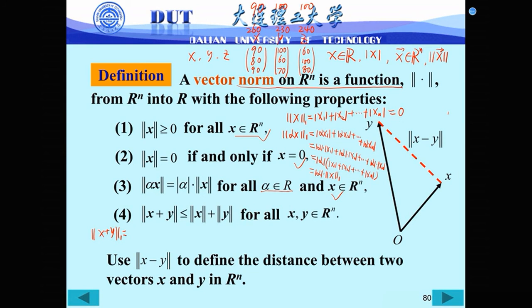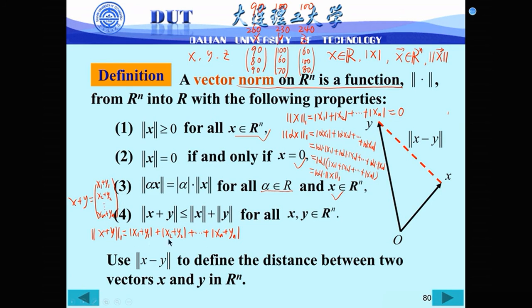By the definition of the one norm, it is the absolute value of x1 plus y1, plus the absolute value of x2 plus y2, plus dots plus the absolute value of xn plus yn. It's okay for you? Because x plus y, the summation vector, I use column vector. So it is x1 plus y1, x2 plus y2, to xn plus yn. Clear? Vector, right?